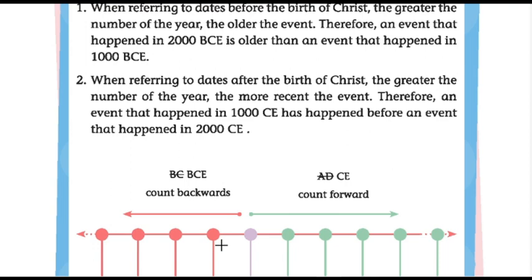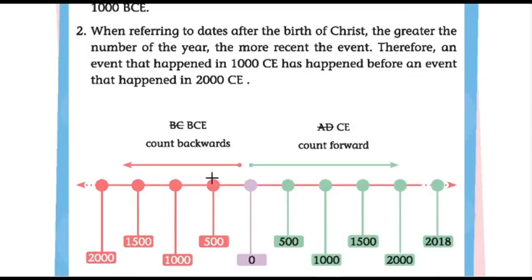See here, there are no changes. The center point is Jesus Christ's birth. After that, you have to count forward. After Christ, which means CE, Common Era, you count 1, 2, 3, up to 500, 1000, continuously. But for BCE, you have to count backward.